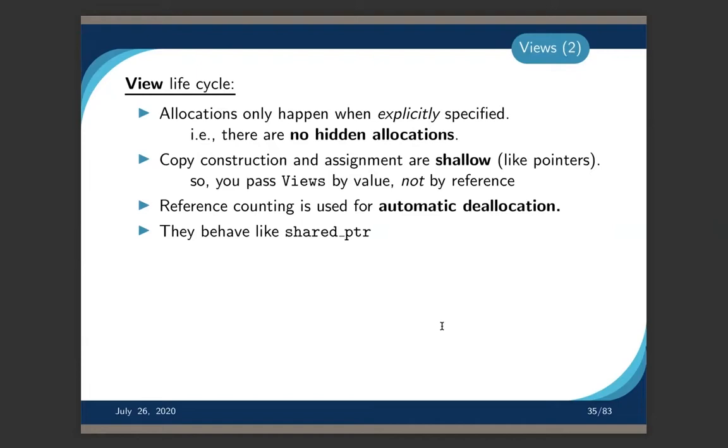If you do copy construction or assignment, there's never an allocation happening. Copy construction and assignment are shallow, like pointers. We also do reference counting, which means that if the last copy of something goes out of scope, you get automatic deallocation. Effectively, views behave like shared pointers most of the time.